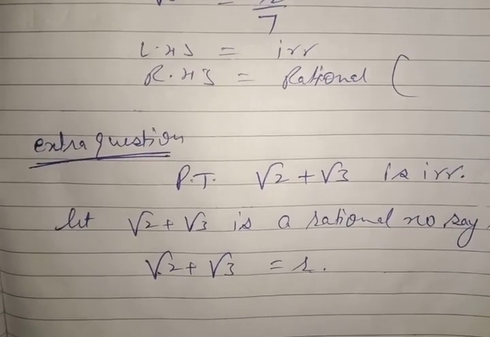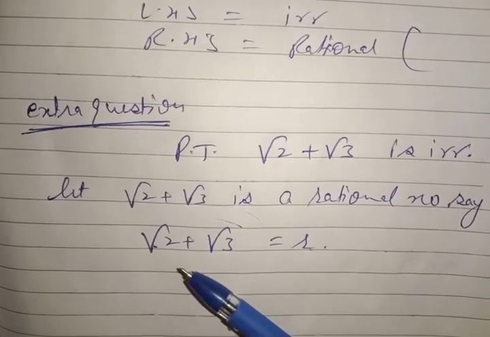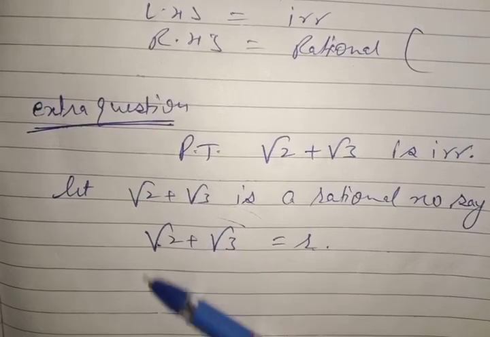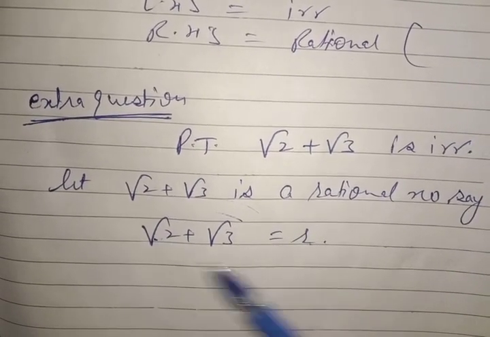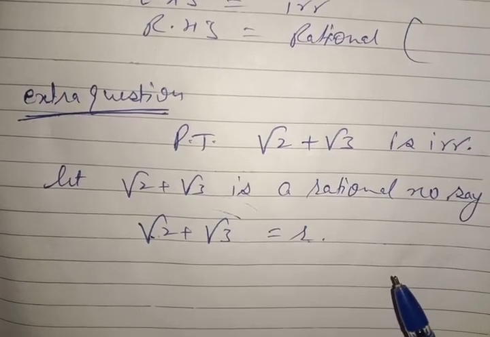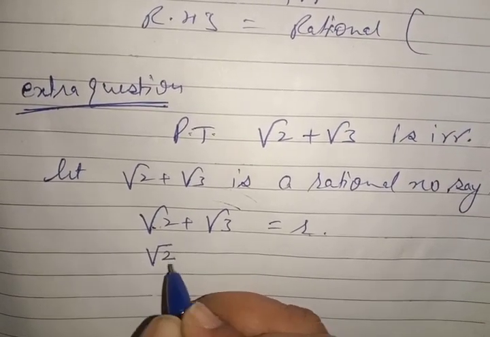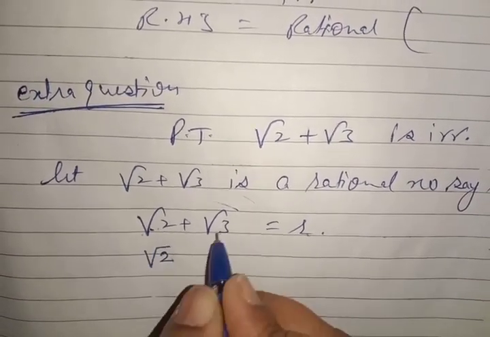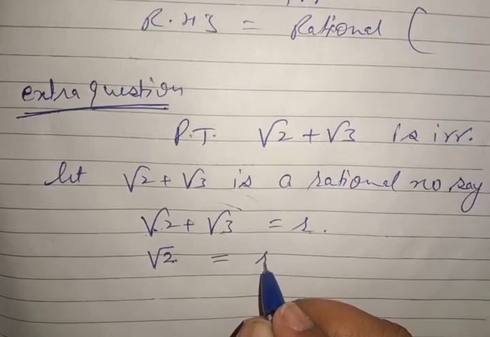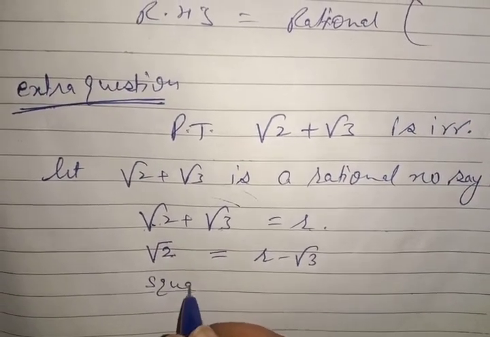Now I told you that to prove this is irrational, I need to separate the rational number on one side and irrational on the other side. Now how can I prove it? There is one very important step. Leave one of these two, root 2 or root 3, here and shift the other number to the other side, and after that you need to square.